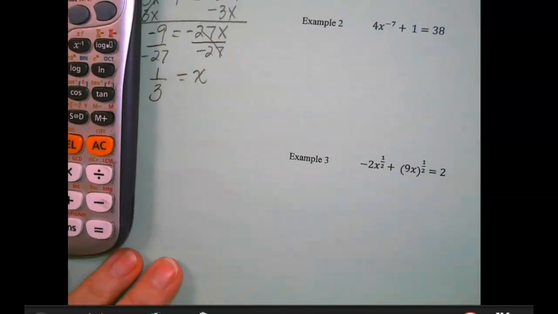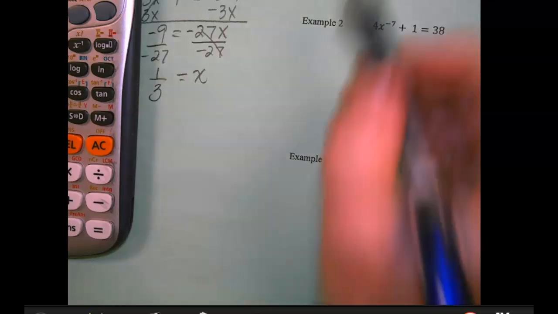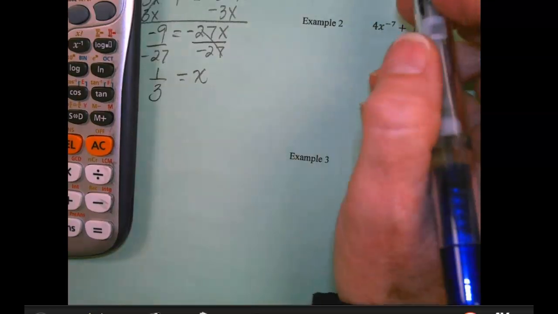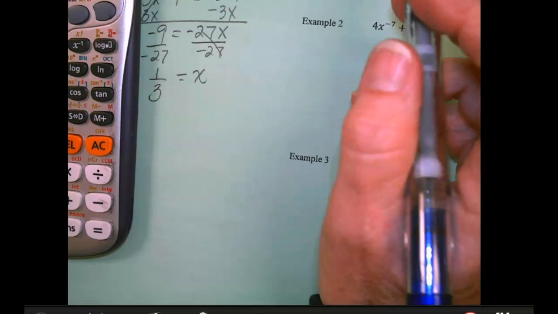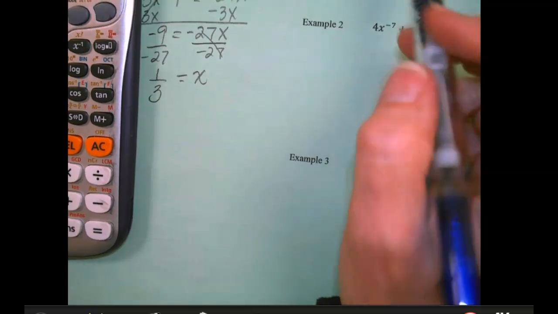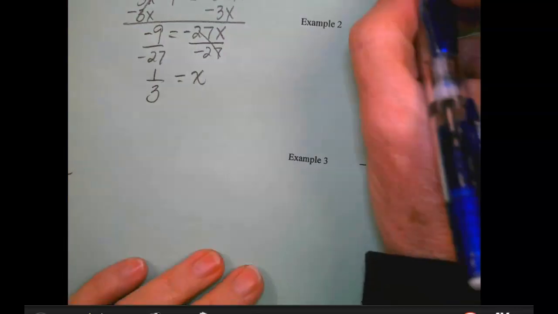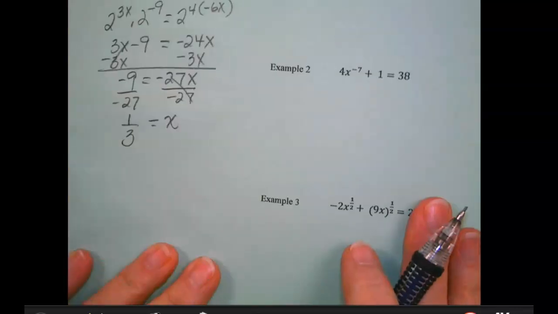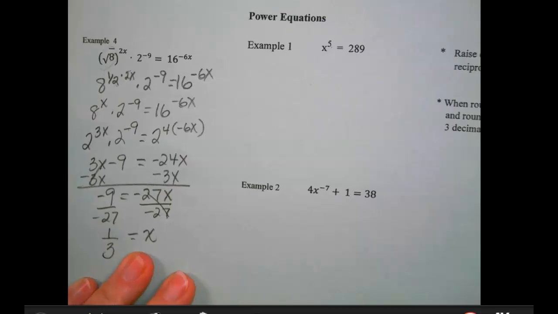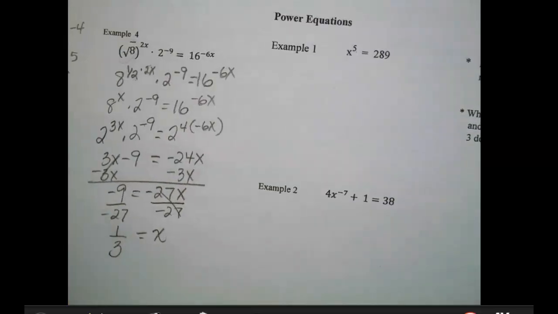So what do you notice different about the next example? One's an x and one's a number. So this isn't exponential anymore, right? All right. So now what I'm going to have to do, if this is x to the 5th, how do I undo to the 5th power?